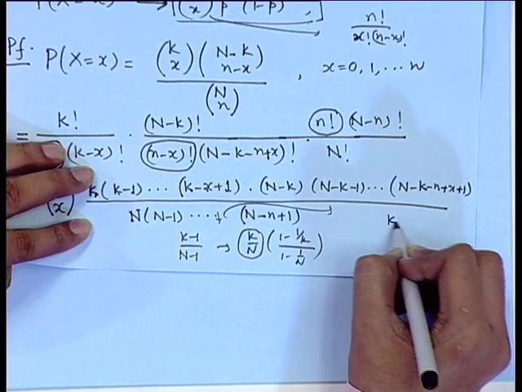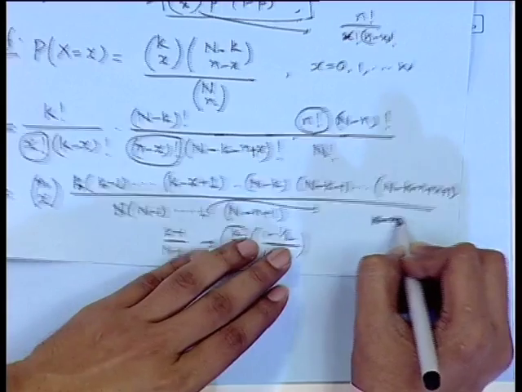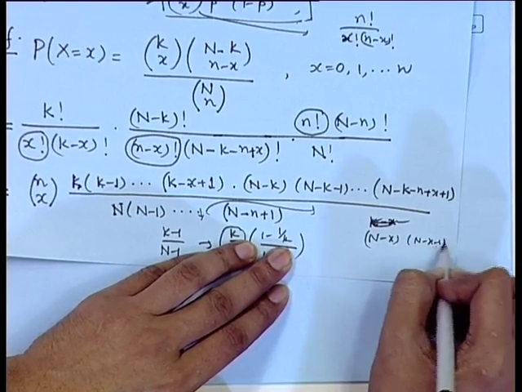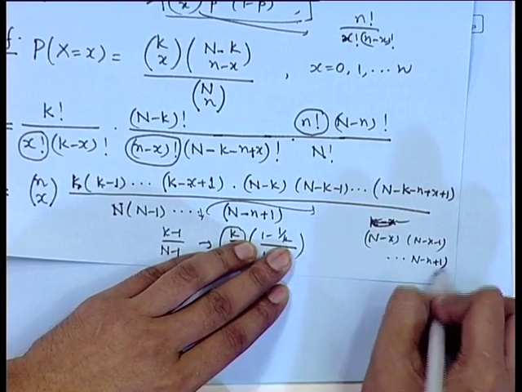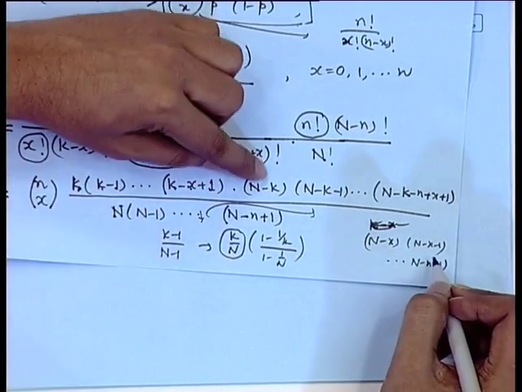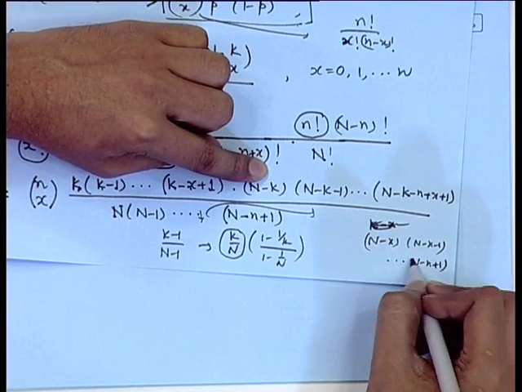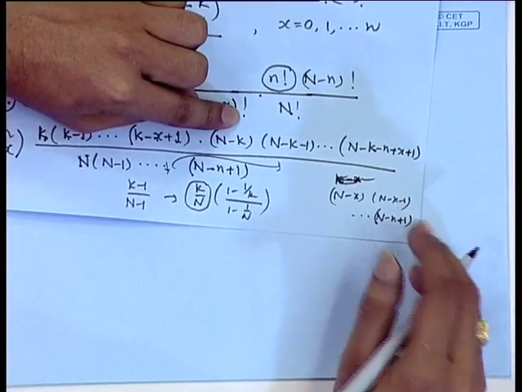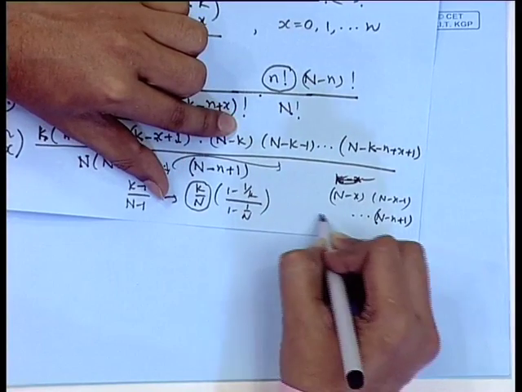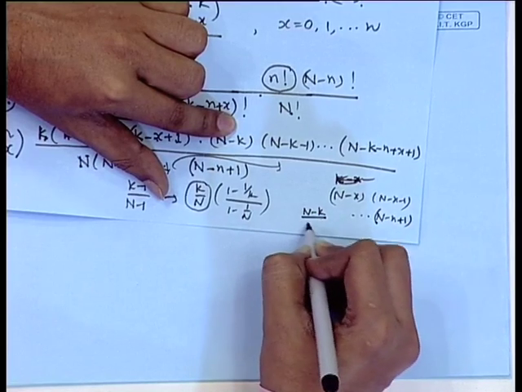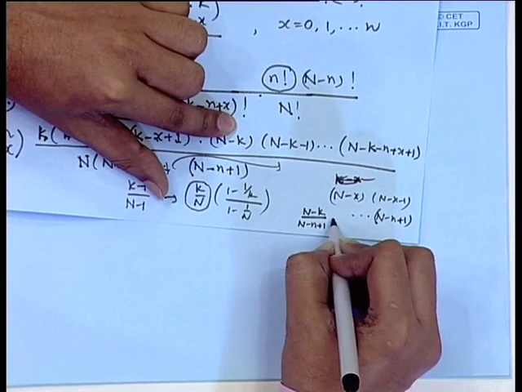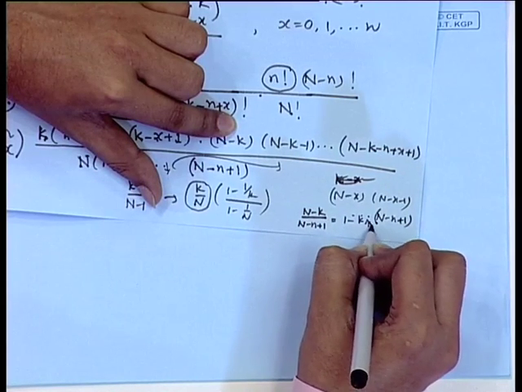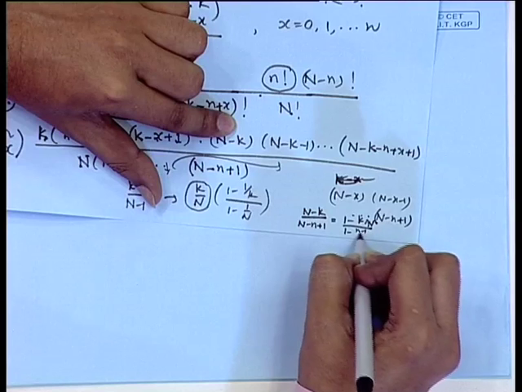So, for example, the next term will become n minus k, n minus k minus 1 and so on up to n minus k minus n plus x plus 1. Now, once again we need to adjust these terms. So, how will we adjust? If we look at n minus k divided by n minus n plus 1, then if we take n common here, this is 1 minus k by n divided by 1 minus n minus 1 by n.